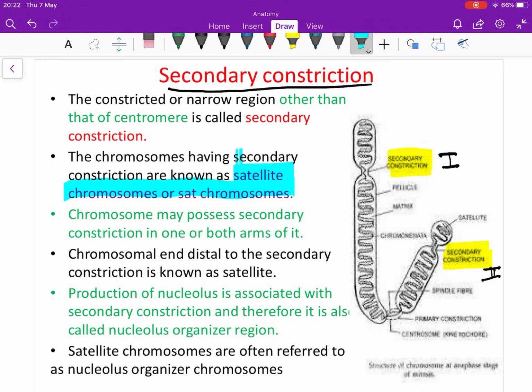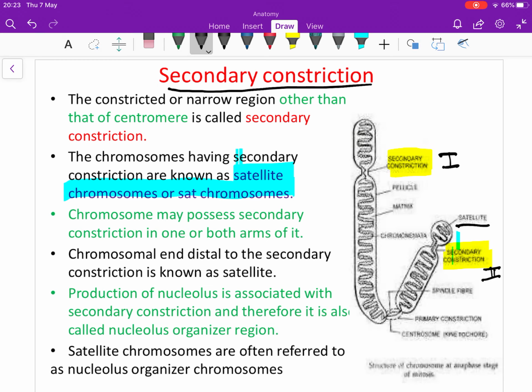Now see here, the chromosomes may possess one or two secondary constrictions, or it may possess secondary constriction in one or both arms of it. See, this is the secondary constriction, and the end of the chromosome which is distal to the secondary constriction is known as satellite.